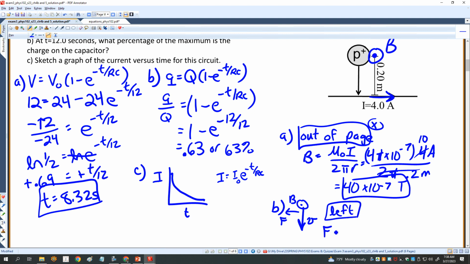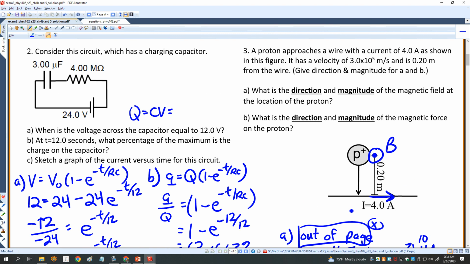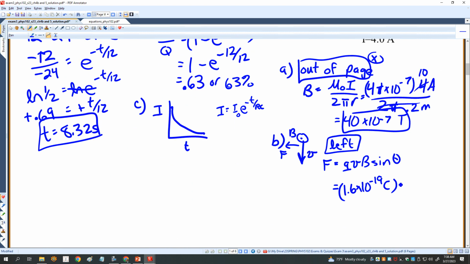And then I can calculate that force, QVB sine theta. Theta here is 90 degrees, so it's just QVB. Q is 1.6 times 10 to the minus 19 coulombs, times V, which was given, 3 times 10 to the fifth meters per second. And then B is 40 times 10 to the minus 7 Tesla.